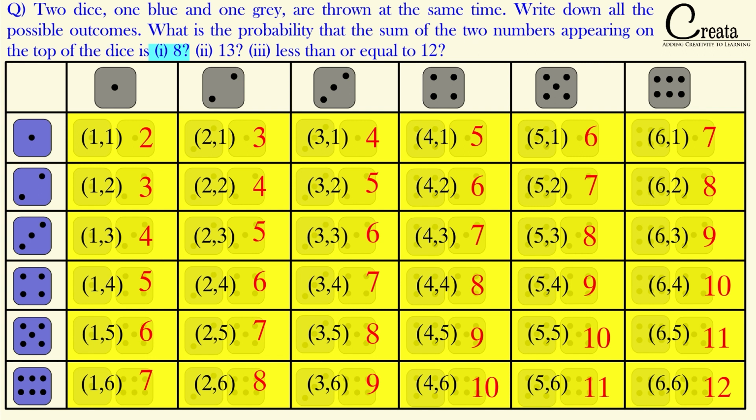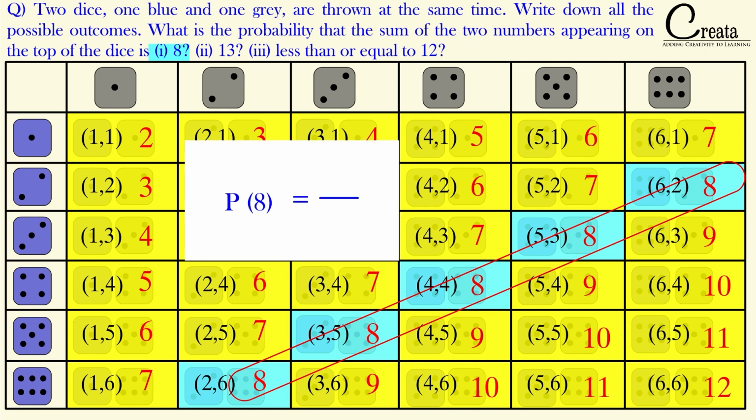What is the probability that the sum will be equal to 8? Let's see in which conditions we are getting our sum as 8. If you observe, we are getting 8 in all these 5 conditions. So in the numerator, that is in the favorable conditions, it will be 5.